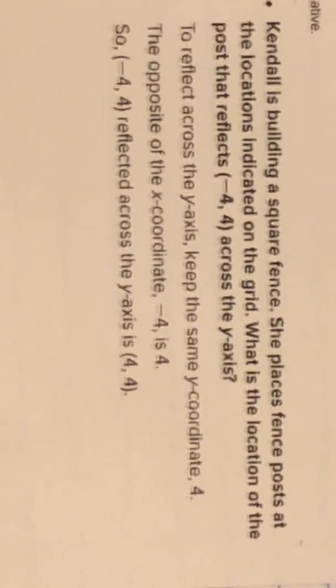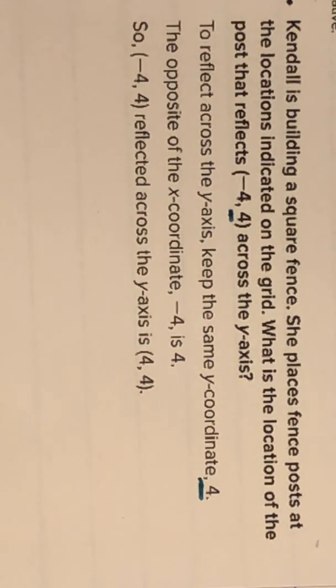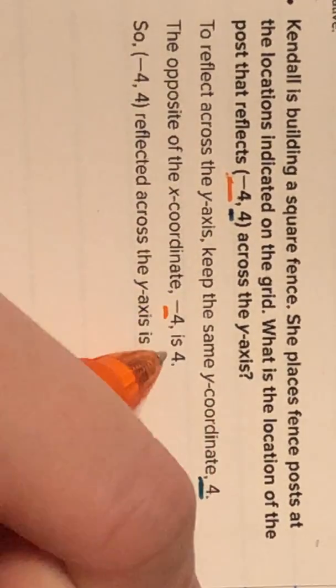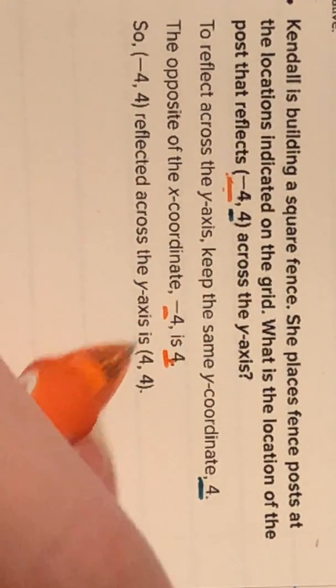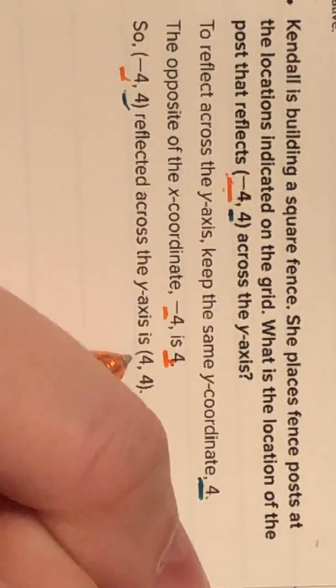So to reflect across the y-axis, I keep the same y-coordinate and the opposite x-coordinate. The opposite of -4 is 4. So -4, 4 reflected across the y-axis is 4, 4.